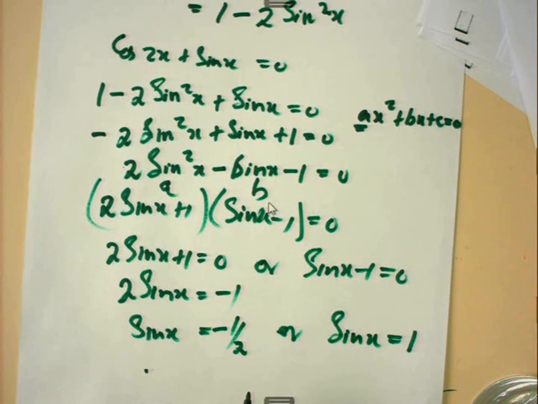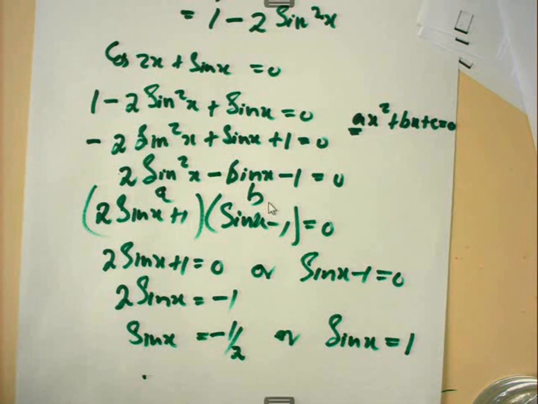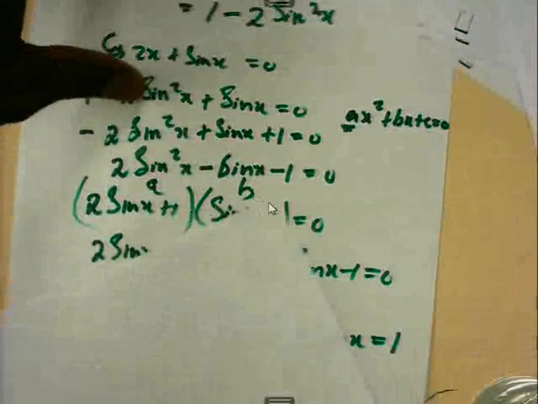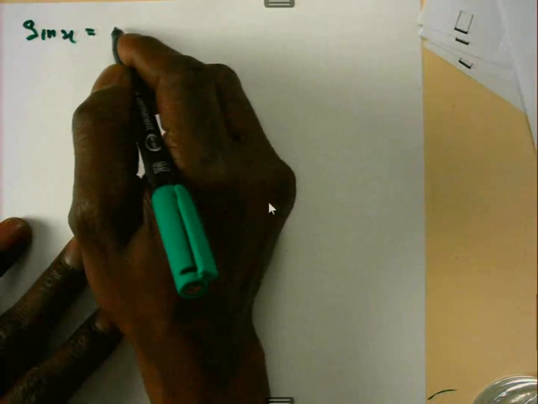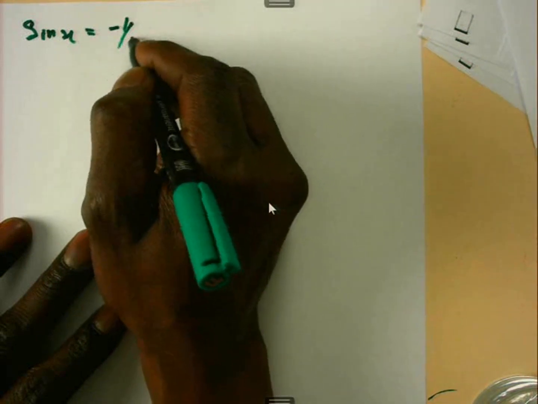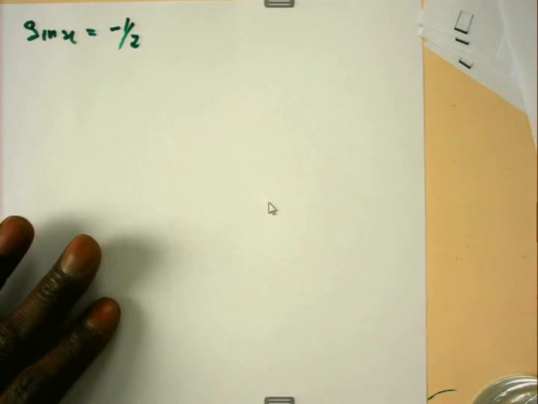Let me just have a new page. We say one of the solutions is sin x equals negative 1 over 2. Let's entertain this solution.